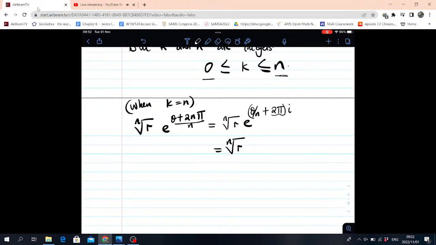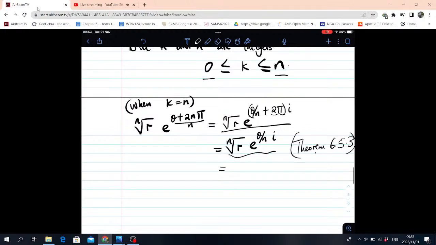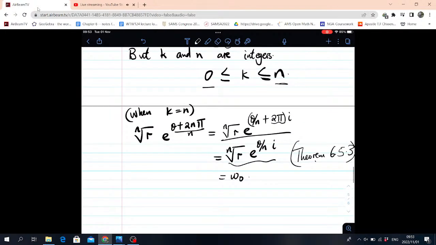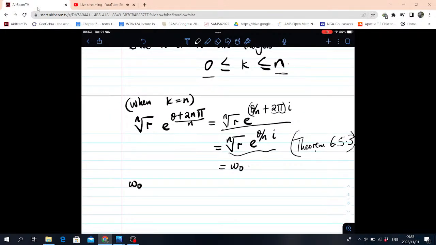So the nth root of r e to the i theta over n will still be equal to this complex number because of theorem 6.5.3. But what is this complex number here? This complex number is just w naught.